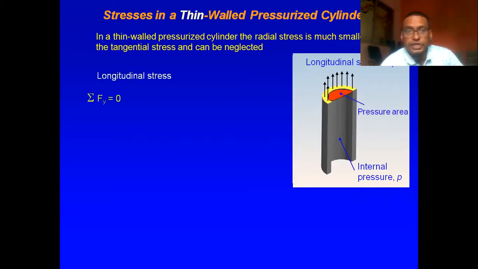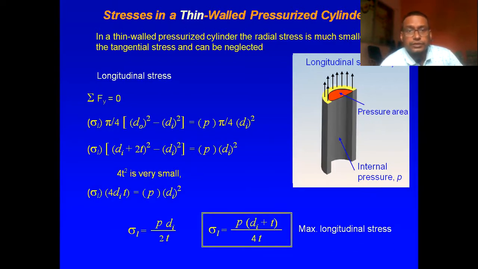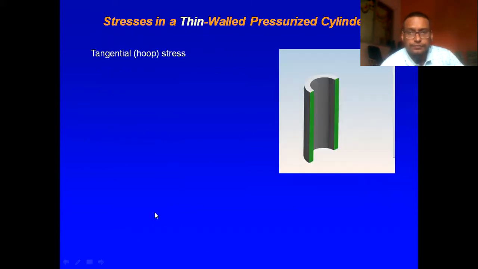This is for the pressure area, longitudinal stresses that is there. And this is calculated by using PD upon 4T. Sigma L, which is equal to PD upon 4T, that is used for calculation of the longitudinal stresses.